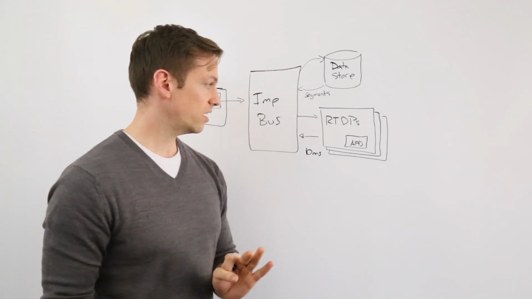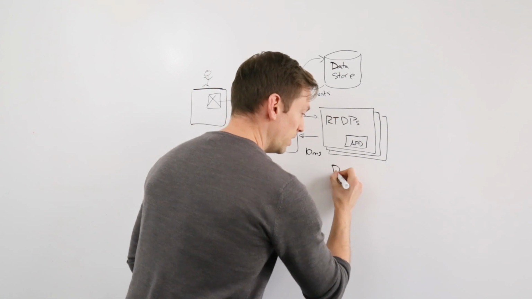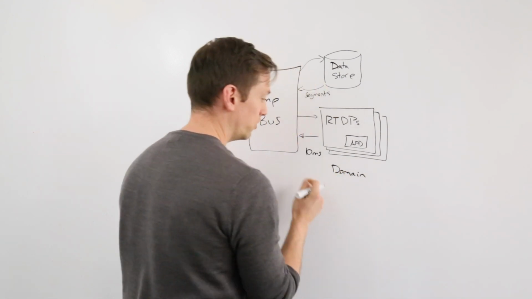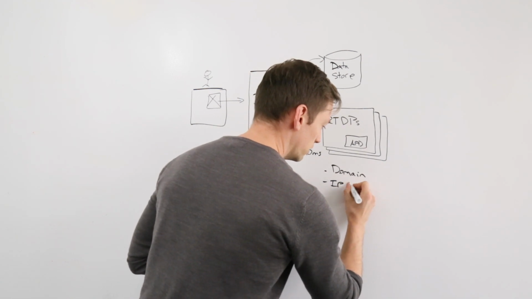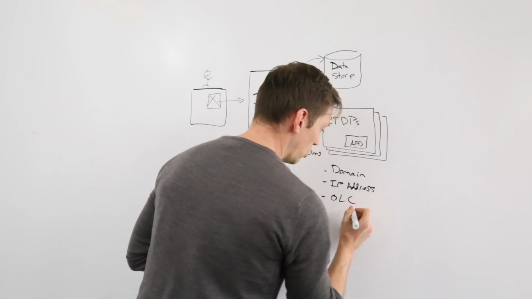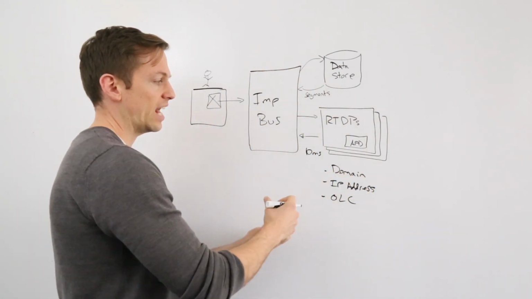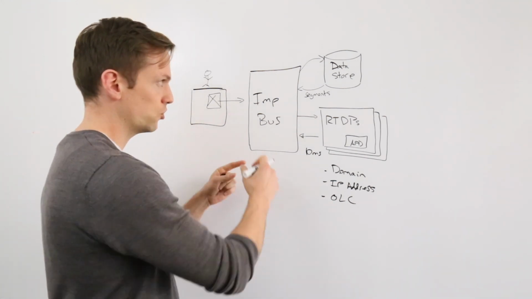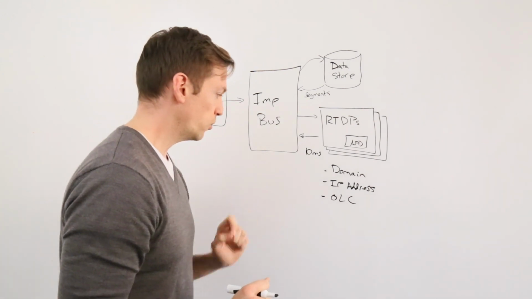Some cool targets that I can do with APD specifically right now are domain-based targeting, so getting information about the domain that this person's on. I can do IP range or IP address. I can do open location codes, OLCs, which allow me to do irregular shape targeting on a map. So not just lat-long radiuses or a specific city. I can draw boxes in weird irregular shapes to target specific areas. A very cool feature.